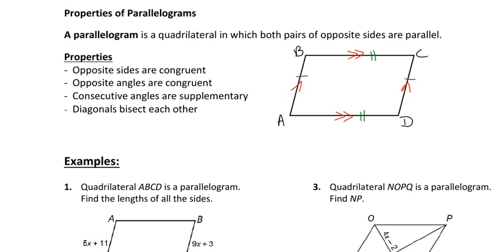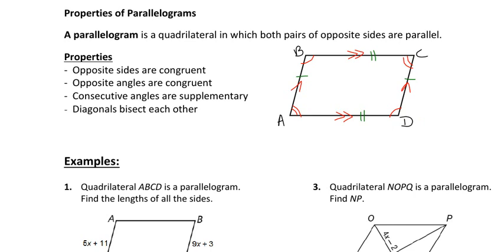Angle B and angle D are opposite, so they are congruent. So angle A is congruent to angle C, and angle B is congruent to angle D. So if you know the measurement for one, you know the measurement for the other, the angle in front of it. And if you know the measurement for B, you should also know the measurement for D.